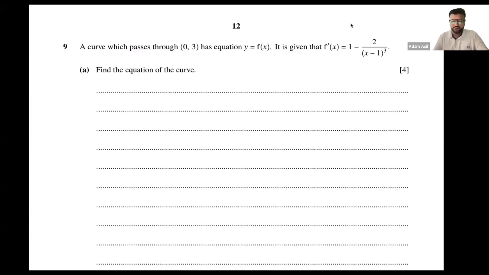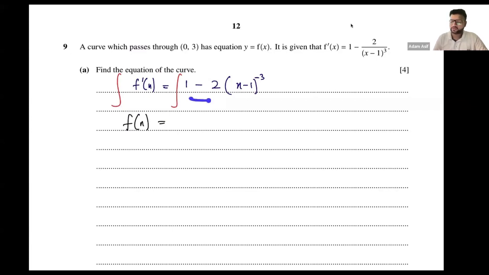So using this f prime of x expression, which is 1 minus 2 times (x minus 1) to the power of negative 3, I will have to integrate the function. Integrating f prime of x will give me f of x.